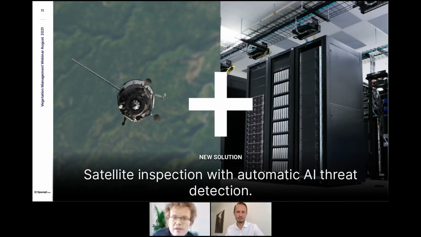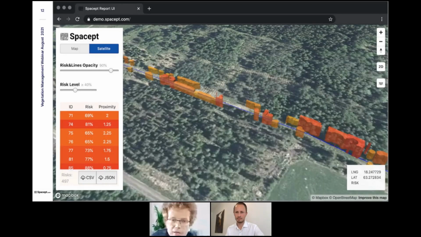What we generate are these threat zone maps that show where the risk is the highest and how the risk evolves along the line, so that inspection crews can be sent and drone crews can be sent where, statistically speaking, the highest risk occurs.